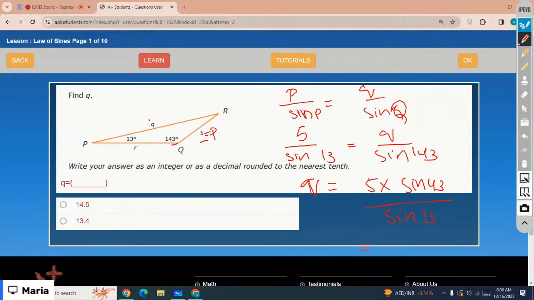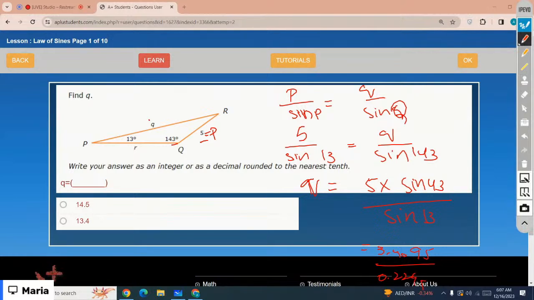Sine of 43 is 0.6819, times 5, that is 3.4095. Now let's calculate sine 13, that is 0.2249.